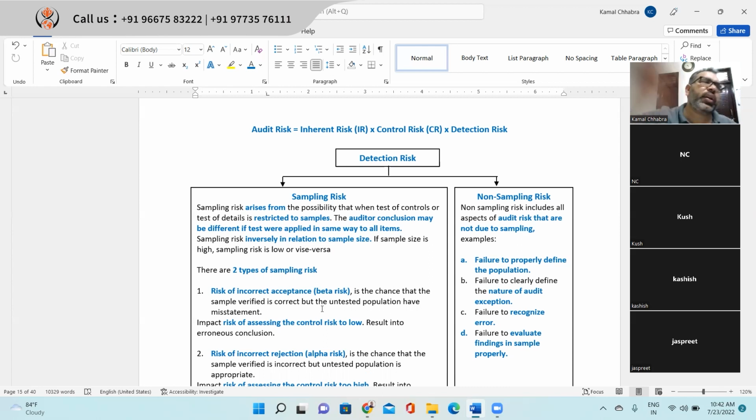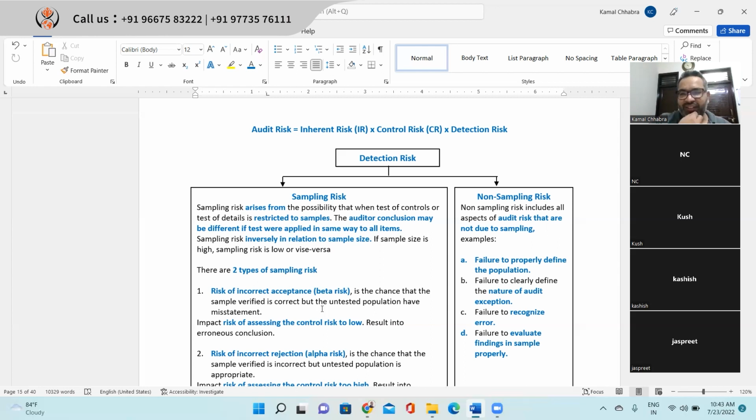Detection risk is basically the risk of not detecting any error because of the inherent limitation of the audit, which is based on sample testing. Audit risk is inherent risk multiplied by control risk, which is the risk of material misstatement, multiplied by detection risk. That is the complete overall audit risk.